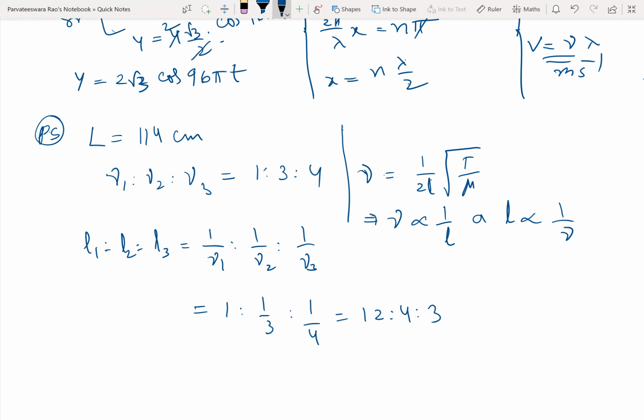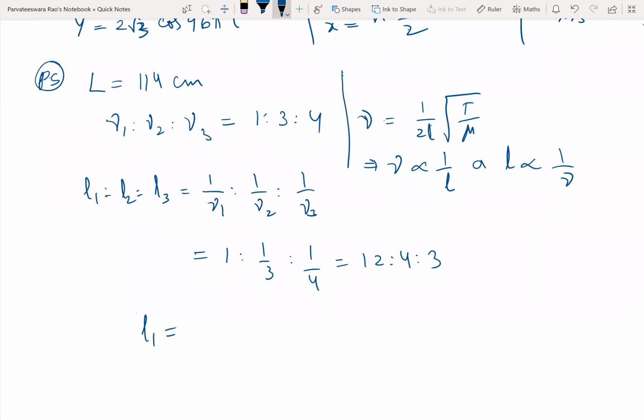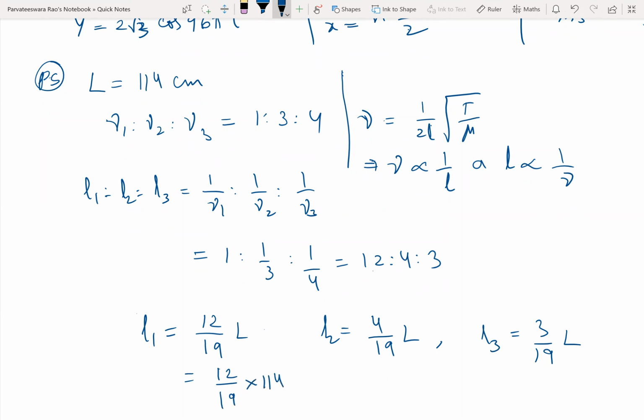Correct? Yes, sir. So L1 will be 12 plus 4, 16 plus 3, 19. So 12/19th of L. Next, L2 will be 4/19th of L. And L3 will be 3/19th of L. Can you tell me the values? 12/19 into 114.